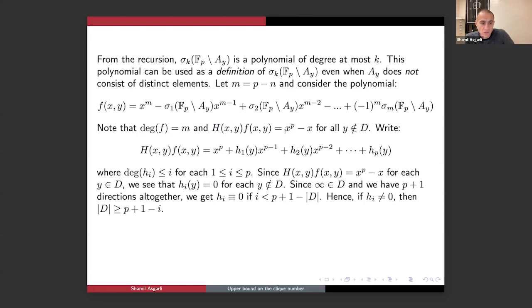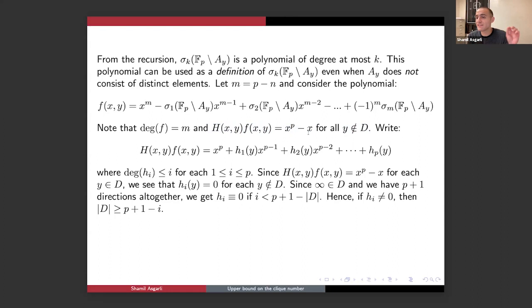Okay, so here's what we're going to do now. We're going to write down the product of h(x,y) with f(x,y). If you fix y to be not in D, then that product simplifies very nicely, but let's not do that.